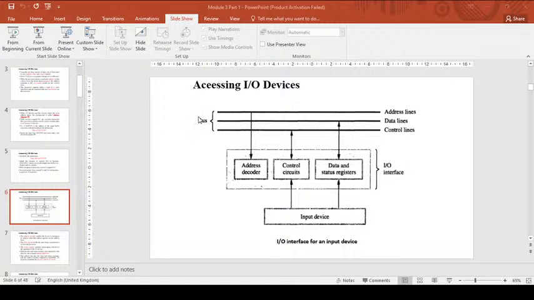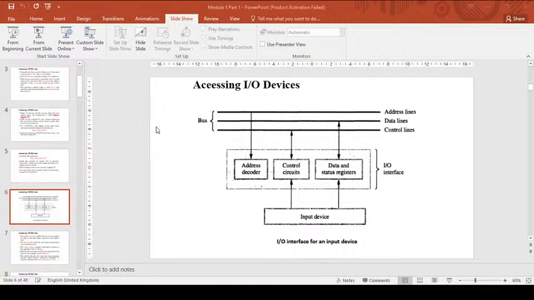As soon as it becomes 1, that means not equal to 0, the condition becomes false and it will not branch to WAITD. It will transfer the data from the processor register R1 to the DATAOUT register of the display.